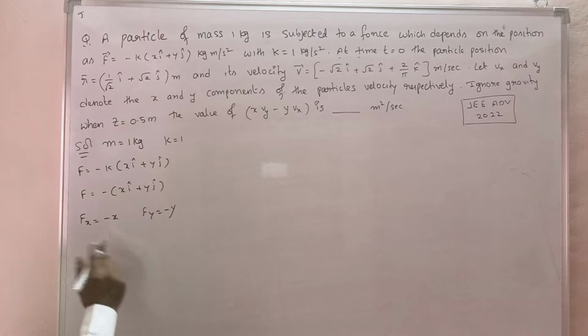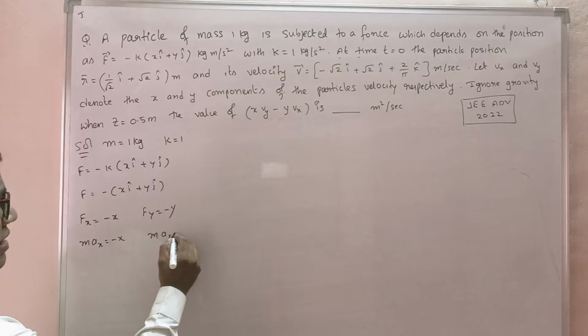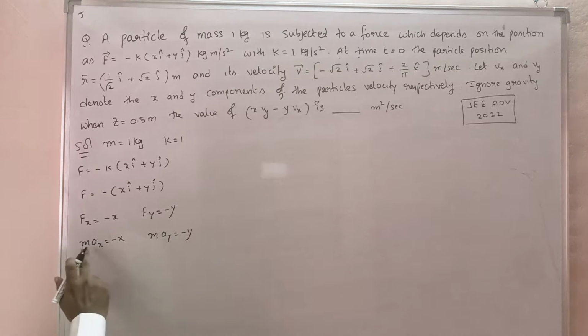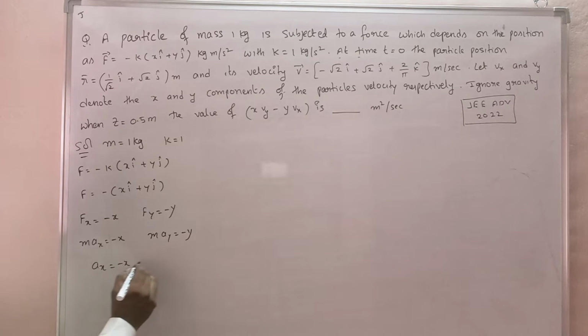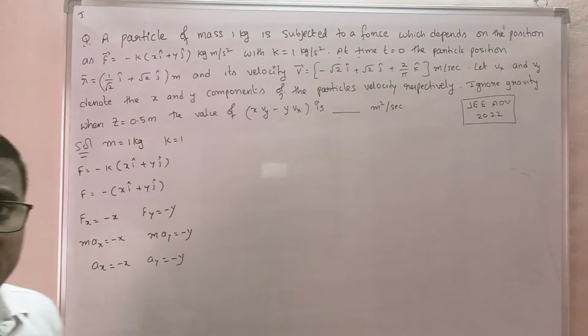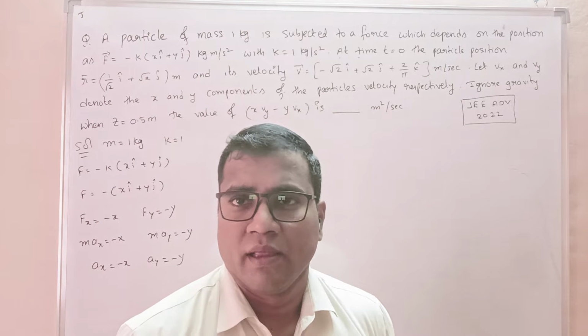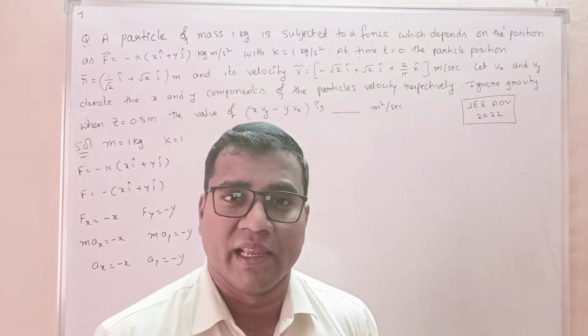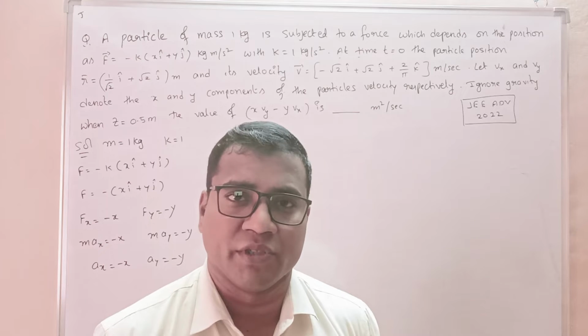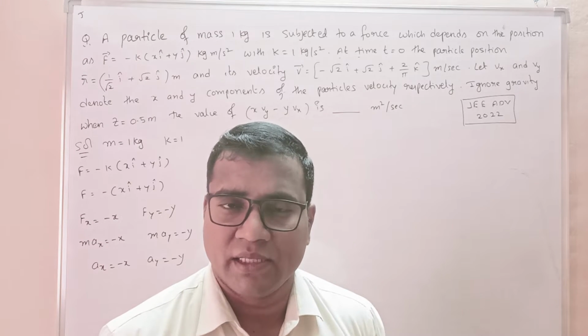We know F = ma, so m ax can be written as -x, and m ay can be written as -y. Mass of the particle is given as 1, so we can write simply ax = -x and ay = -y. Seeing these expressions for ax and ay, the motion of the particle is clearly simple harmonic motion, SHM.